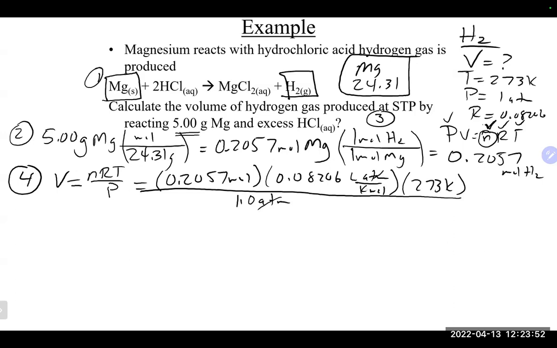Atmospheres will cancel, moles will cancel, Kelvin will cancel, leaving us liters, and we end up with 4.61 liters of H2 would be produced.